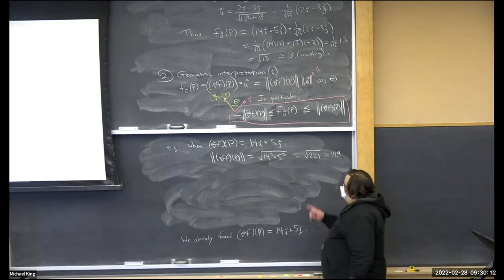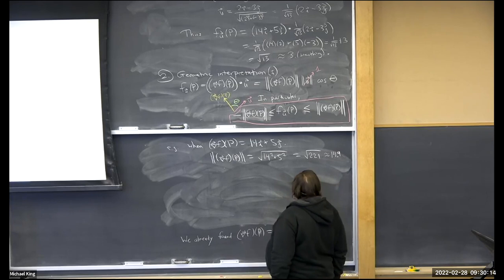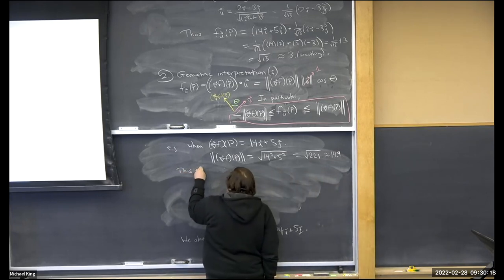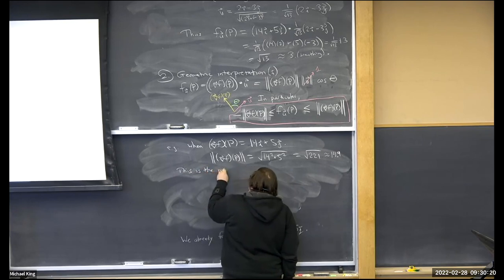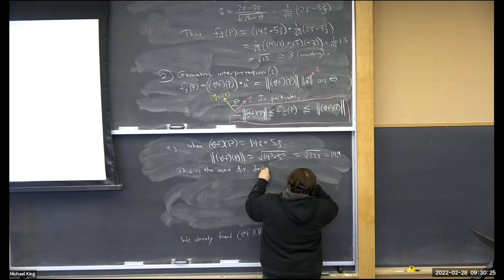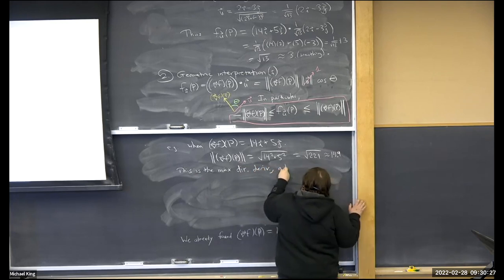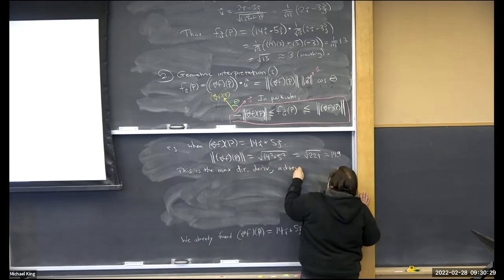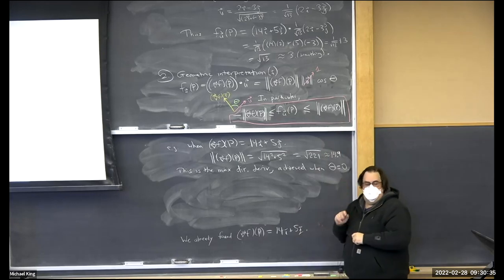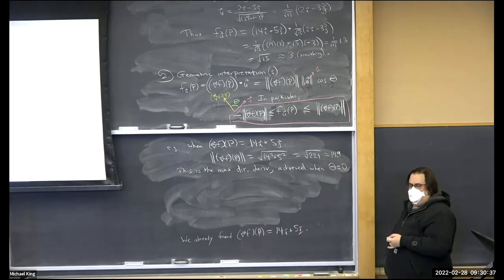So that's saying that this is the maximum directional derivative. And it's achieved when theta is 0, right? When theta up there is 0, because that's when cosine of theta equals 1.